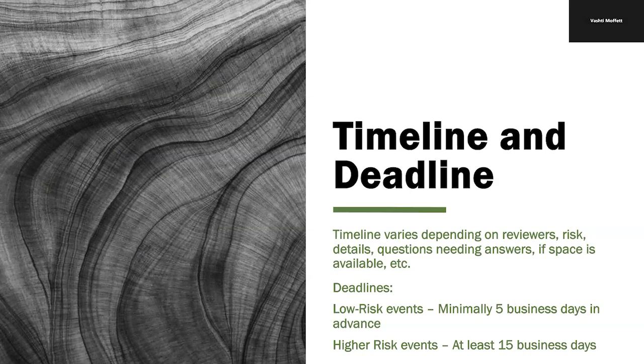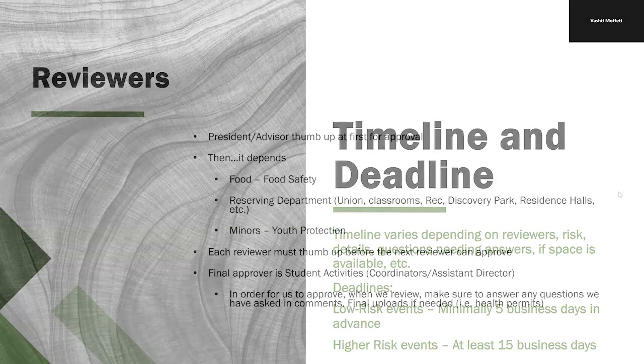But a higher risk event needs at least 15 business days. So these are our larger events that are going to be held on campus. Possibly if you're having a speaker, depending on who that speaker is, you just want to be sure to be able to give our event team enough time to review your event application. That way we can ensure we have everything in place to support you to the best of our abilities.